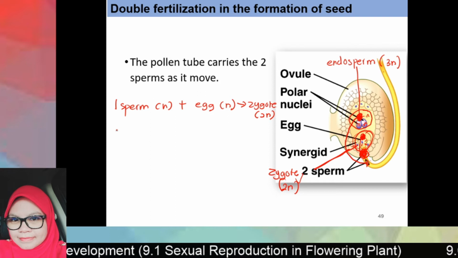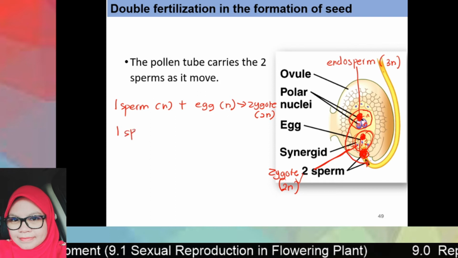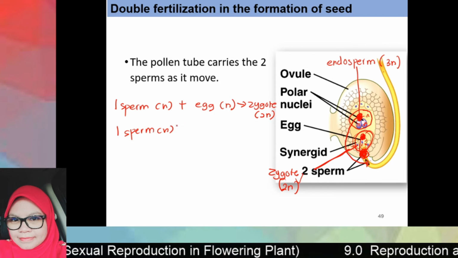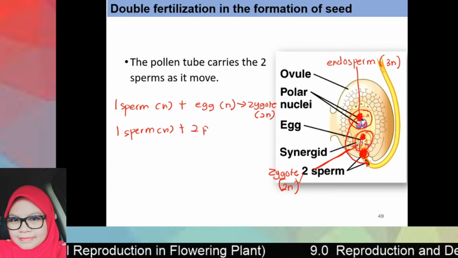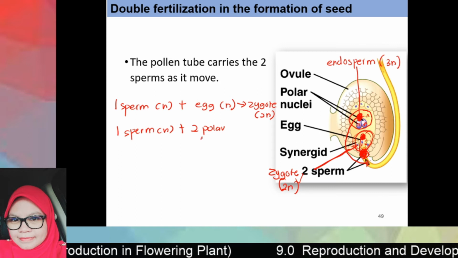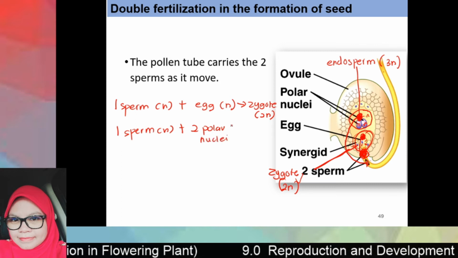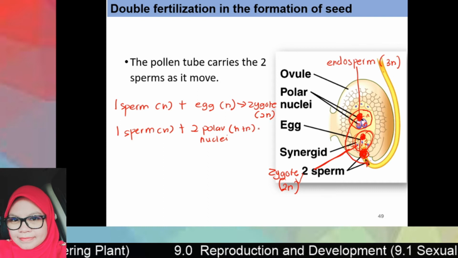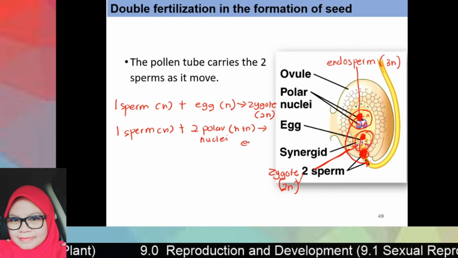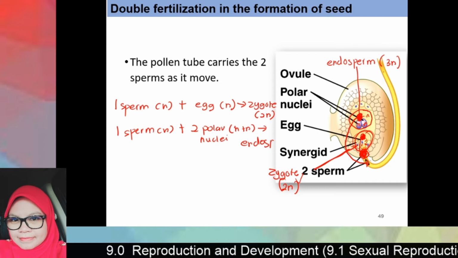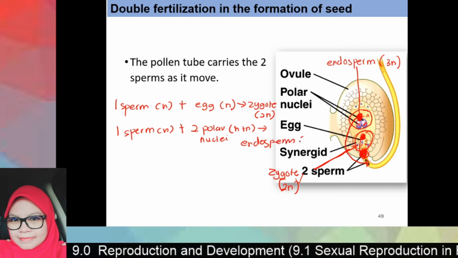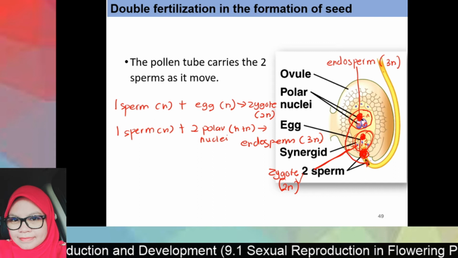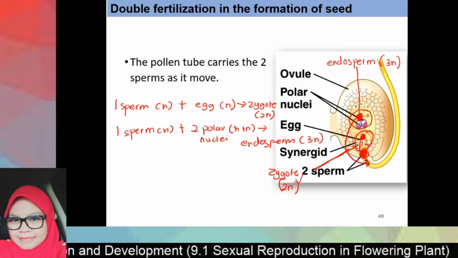And then fertilization between one haploid sperm cell and two polar nuclei, which is N plus N, results in endosperm, which is a triploid cell. So that is double fertilization.